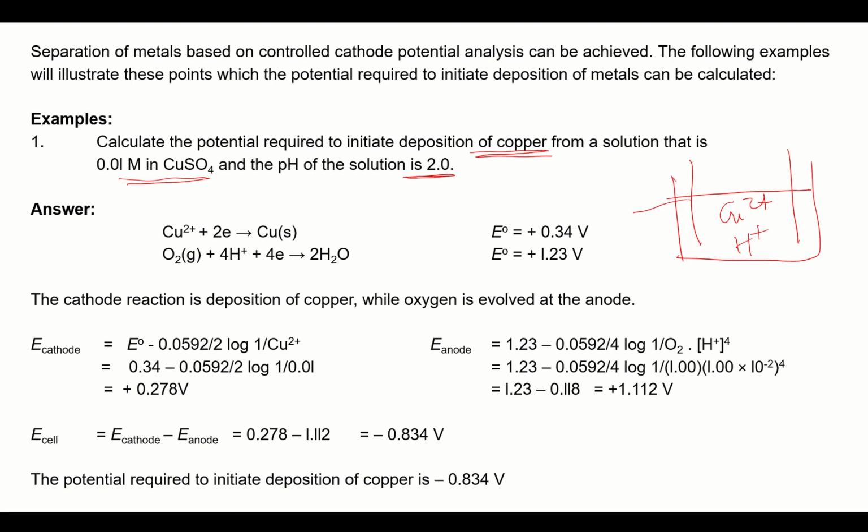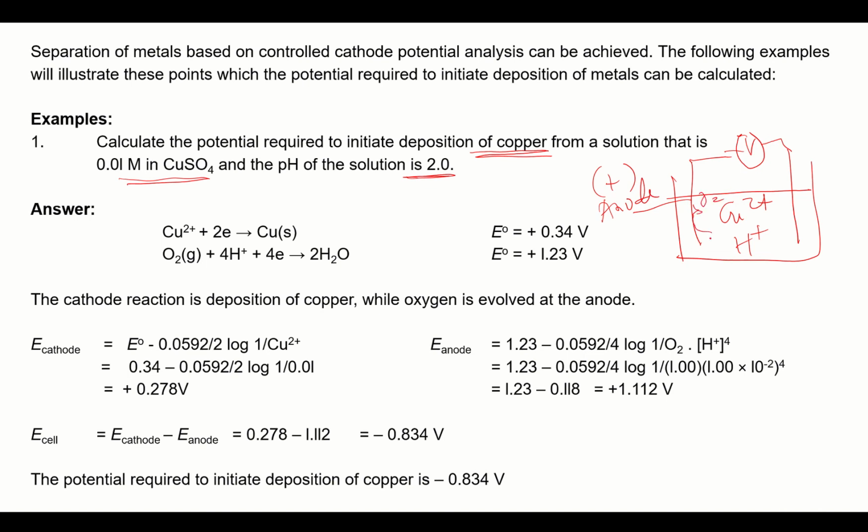involved in this electrogravimetry, by applying, for example, voltage. For example, this is the anode, positive. What will happen here at the anode, which is platinum, is the evolution of oxygen.